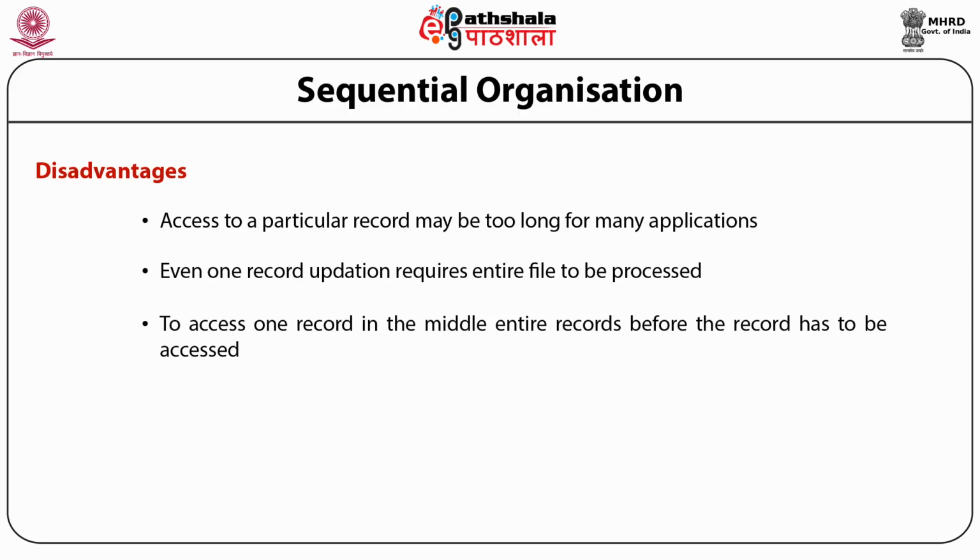As I said previously, if you want to access a particular record in between, you have to cross all the previous records, and therefore accessing the file may take time. Not only that, random searching on sequential records is very difficult.